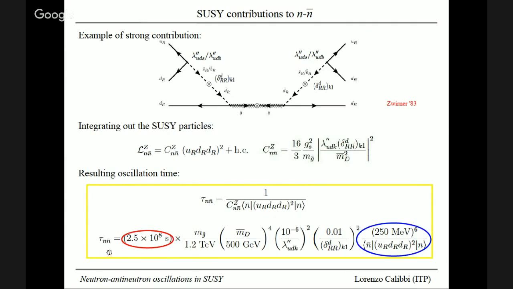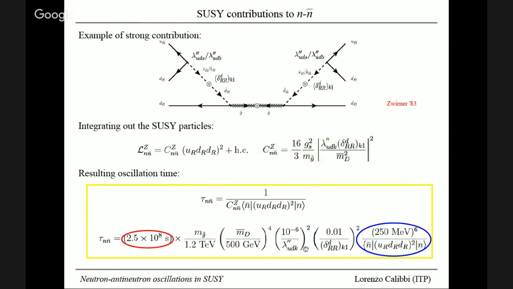So let me plug in some numbers in order to get a value for the oscillation time of the order of the present bound. We need, as you can see, a supersymmetric particle of the order of 1 TeV, 500 GeV for the quarks.